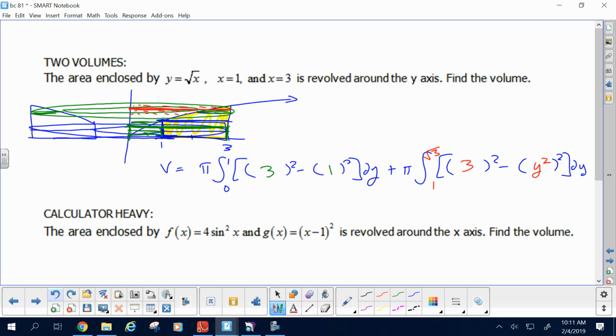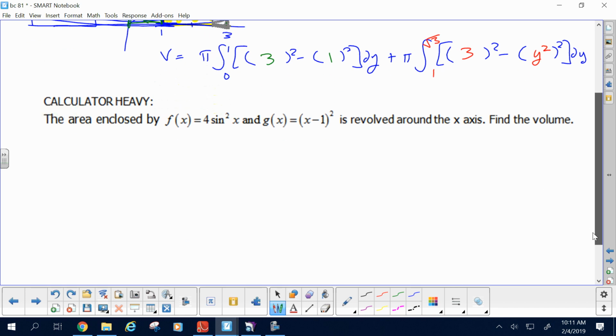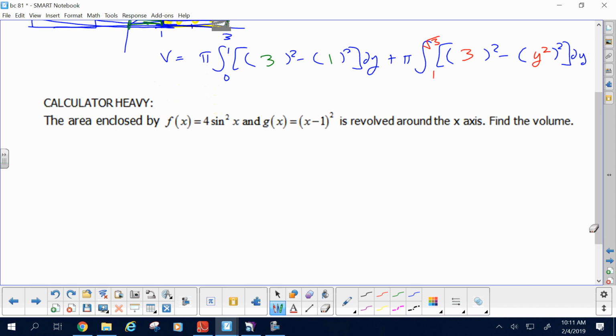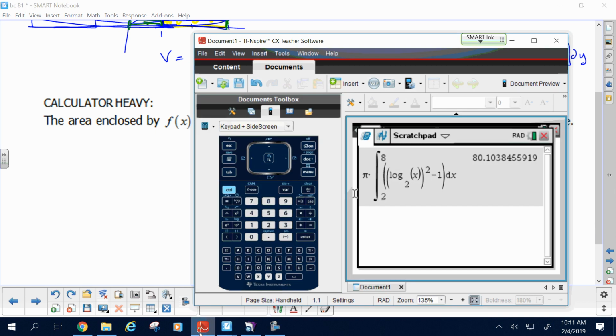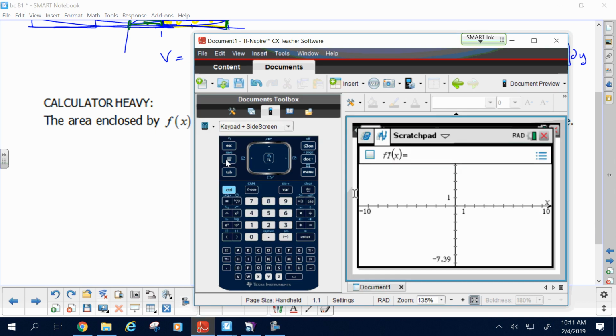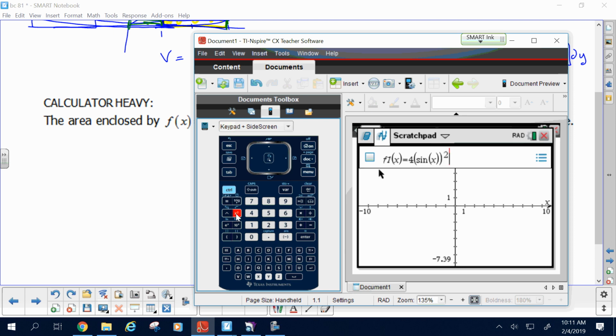All right. Last then is how to do this with the calculator, which is a pretty common calculator question. Would you get out a calculator if you don't already have one out? And put those two functions in, please. 4 parentheses sine of x squared.